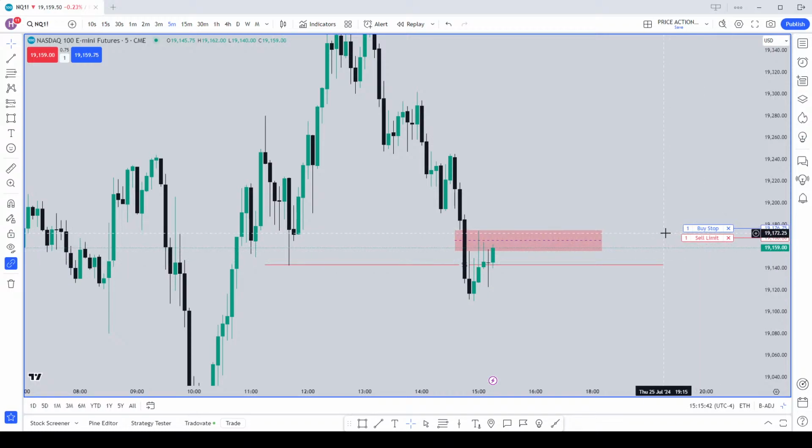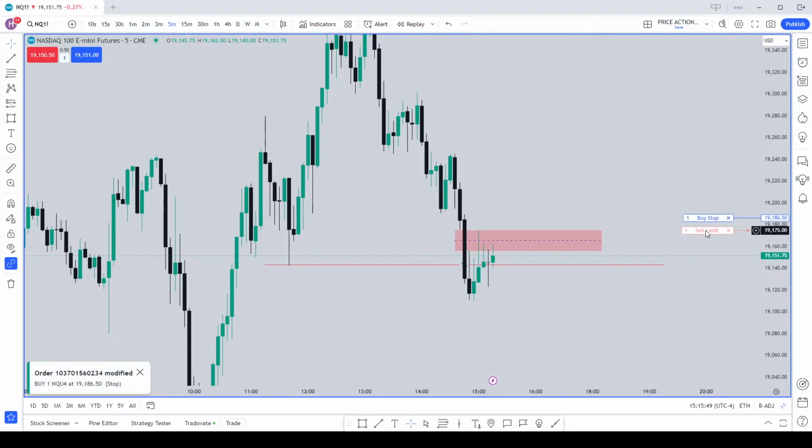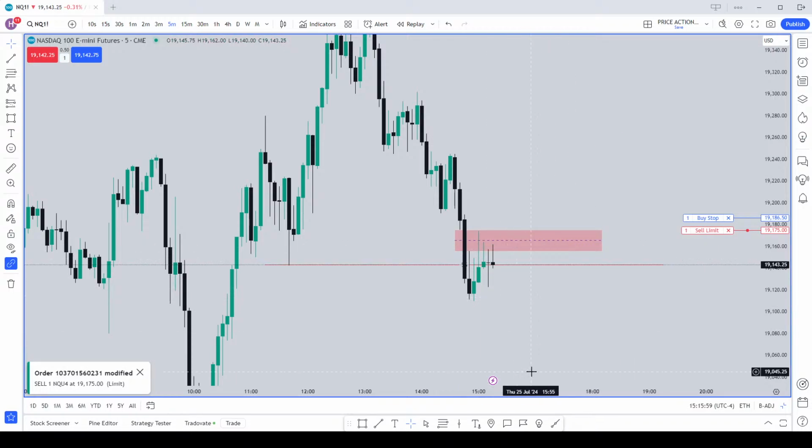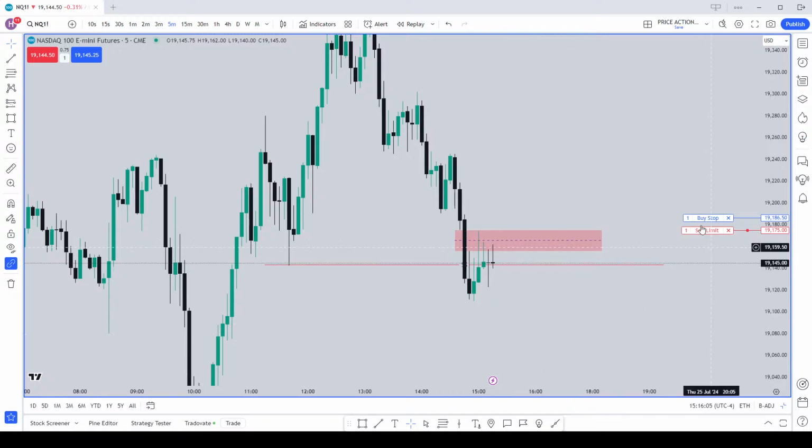I do feel like we might take out these highs right here. So we can move this up and also move this above here. Somebody that's very smart and has a lot of experience in the market, I was watching their interview, and they were saying if you want to get good entries, put your orders where your stops would have been.